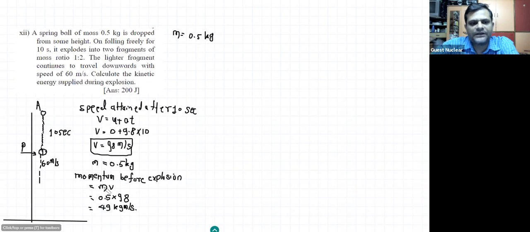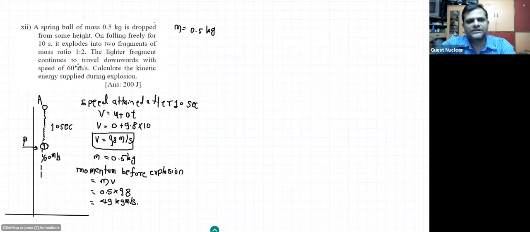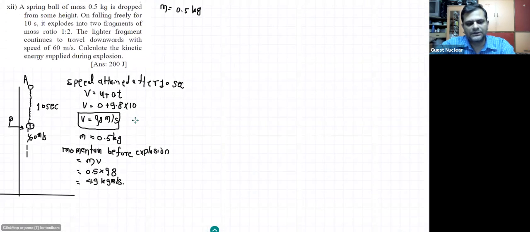Okay, and even at the same time, we can just find out the kinetic energy of the whole ball before the collision also. So let us try to find out the kinetic energy of the ball before collision. How can we get that? So see it here.